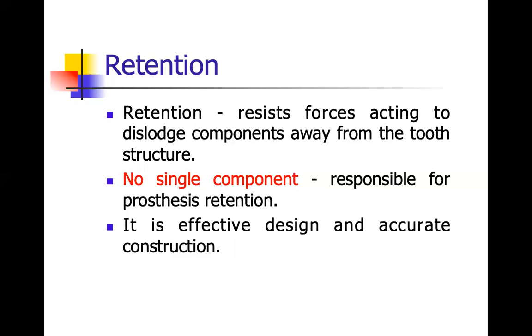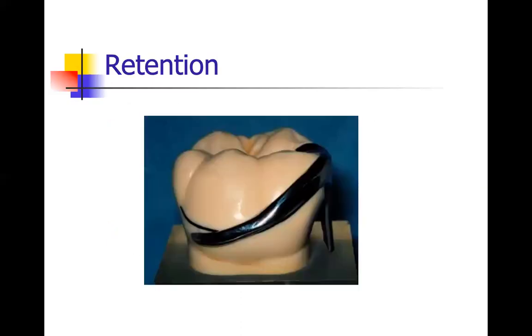Rather, it is effective design and accurate construction that make the removable partial denture retentive. Retention is obtained by incorporating the flexible terminal of the clasp into the undercut, this one.